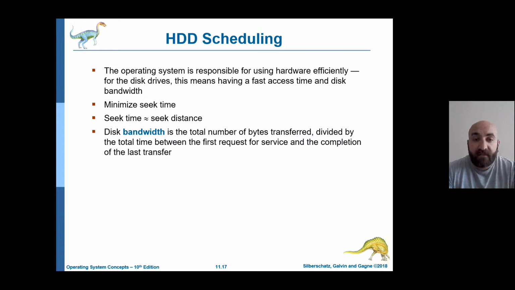The device bandwidth is the total number of bytes transferred divided by the total time between the first request for service and the completion of the transfer. We can improve both the access time and the bandwidth by managing the order in which storage I/O requests are serviced.